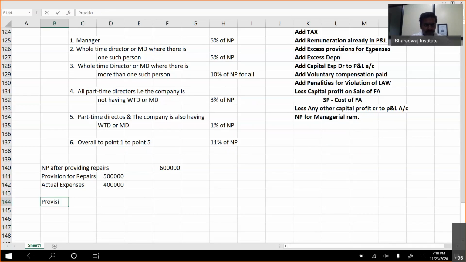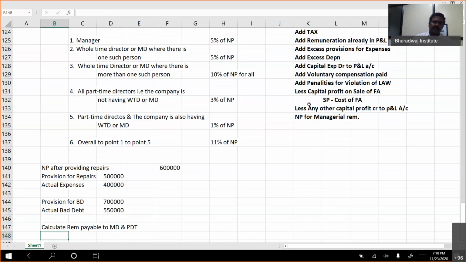Provision for bad debt 7 lakhs. Actual bad debt 5,50,000. The question is, calculate remuneration payable to managing director and part-time director.